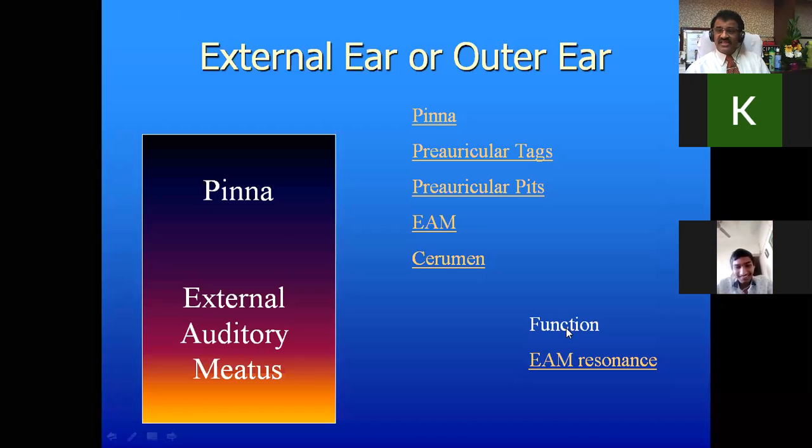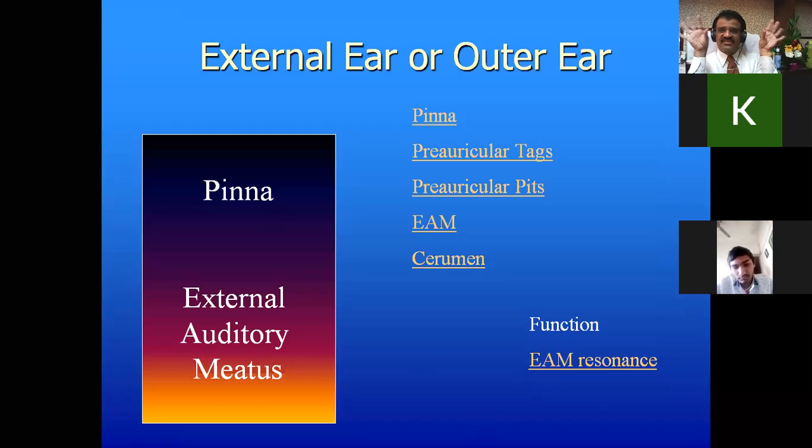And the function of external ear is resonance. External auditory meatus adds resonance to it because it is funnel shaped. And as compared to other lower animals, human beings have got a small external ear. If you see other animals, for example, our friend donkey has got a huge external ear.